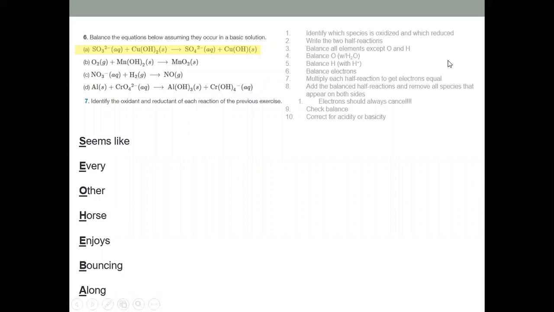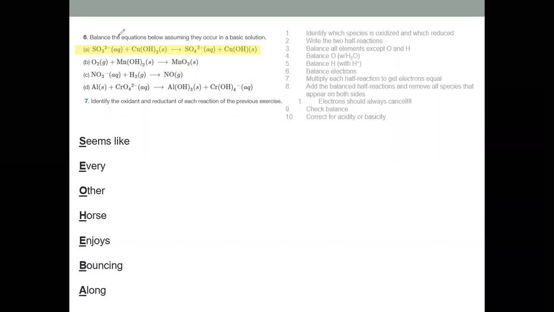Okay, so we're going to balance the first equation highlighted here, and that equation is the reaction of SO3 2- with copper(II) hydroxide going to SO4 2- plus copper(I) hydroxide.